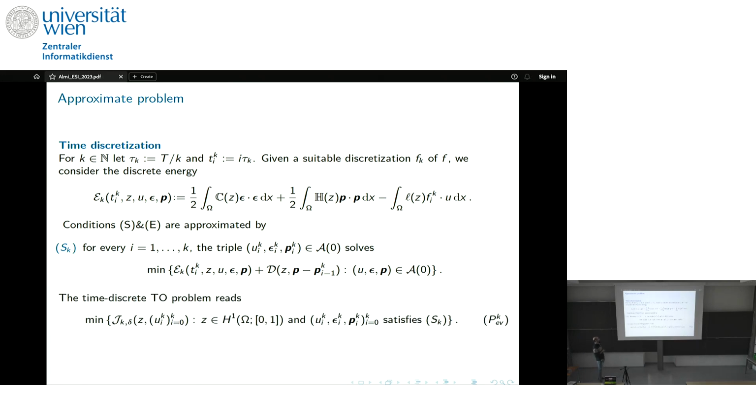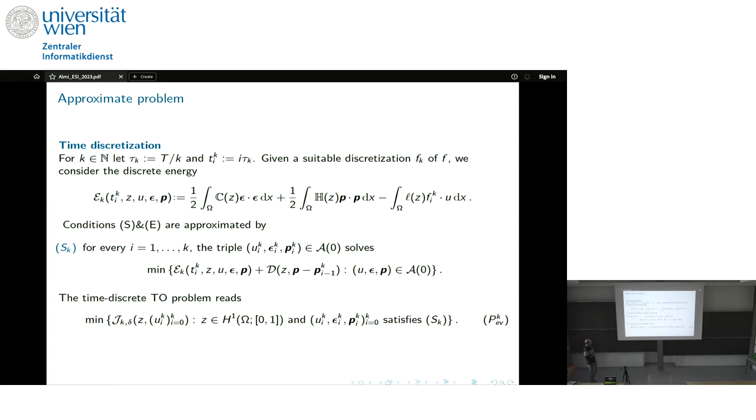Good. So what you do is set up a topology optimization problem, an optimization problem for a time discrete functional. Here this additional index k is simply saying that instead of taking the force F, I'm taking this kind of interpolation, but nothing changes really in the functional.